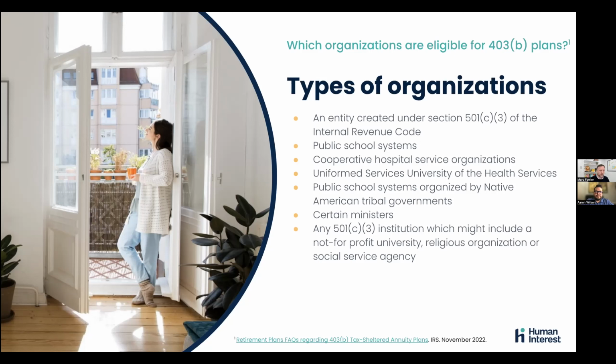So that includes public schools, cooperative hospital service organizations, uniformed services university of the health services, public school systems organized by Native American tribal governments, certain ministers, and any 501c3 institution which might include a not-for-profit university, religious organization, or social service agency. Whew, that's a lot to get through. So if you sit in any of those organizations, then a 403b is available as an option for you.